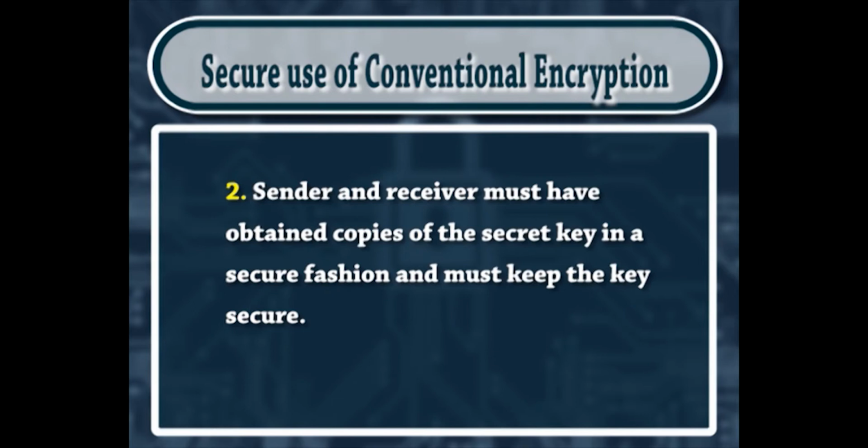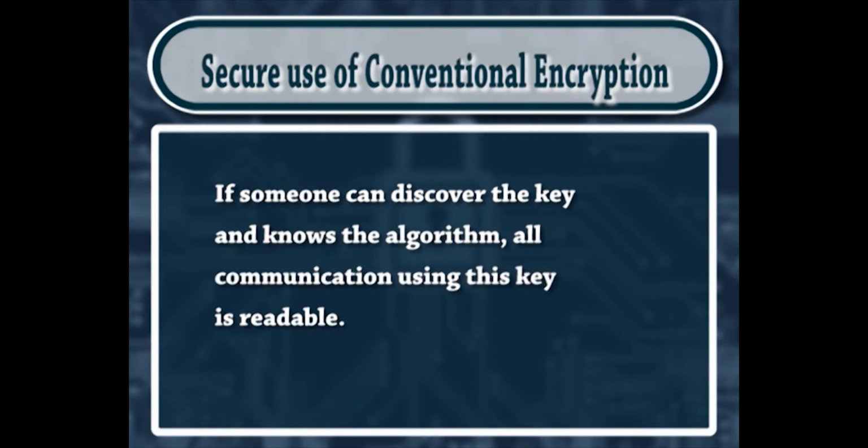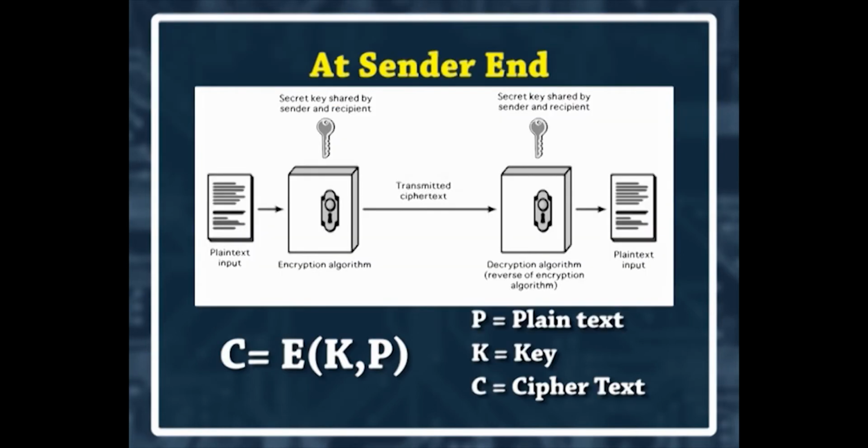Number 2, sender and receiver must have obtained copies of the secret key in a secure fashion and must keep the key secure. If someone can discover the key and knows the algorithm, all communication using the key is readable. On the sender side, with the message P and the encryption key K as input, the encryption algorithm forms the ciphertext C. We can write it as C = E(K, P), ciphertext is equal to the encryption function of key and plain text.